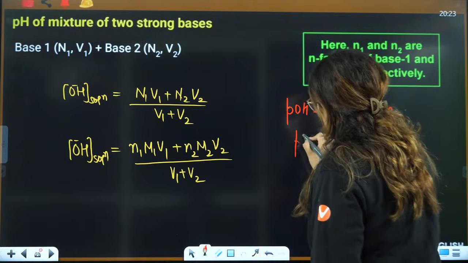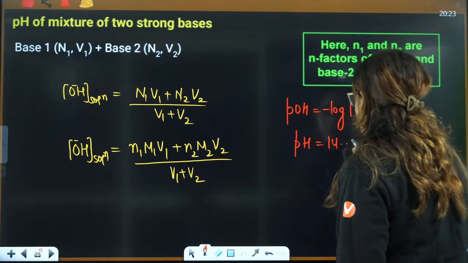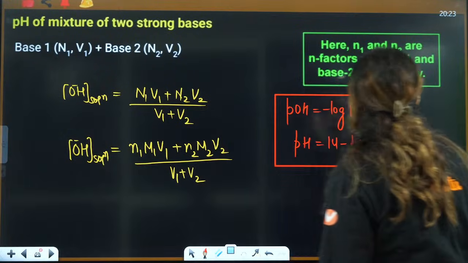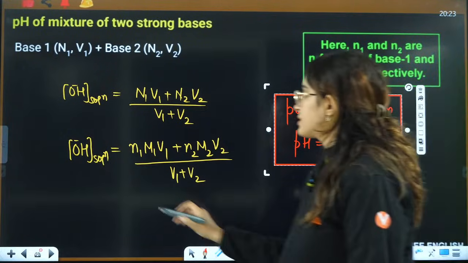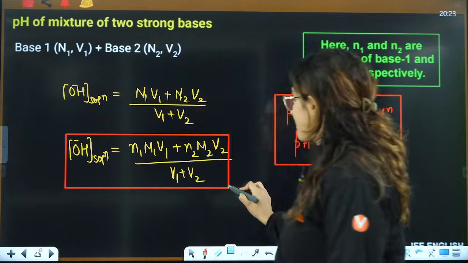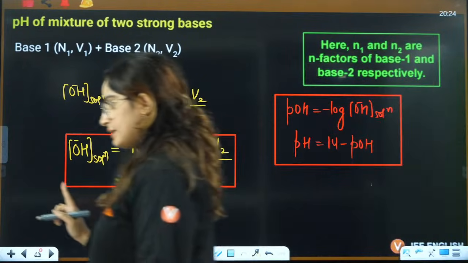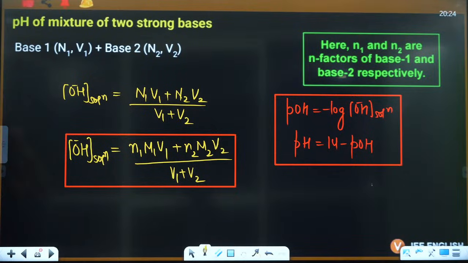Then pH is equal to 14 minus pOH, and that will be your answer here. Tell me, clear? Okay. Right. Now, see this.